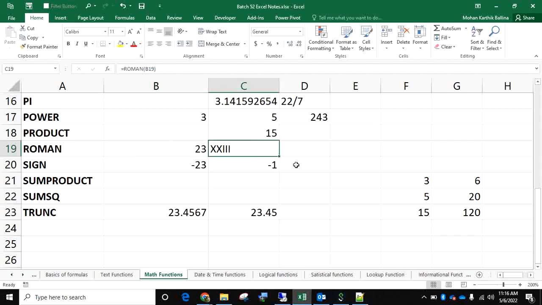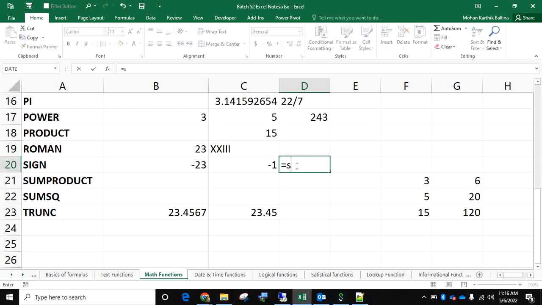And SIGN. See, always focus on two areas: what you need to give as input, and what is your output. It returns the sign of a number: 1 if the number is positive, 0 if the number is 0, -1 if the number is negative.